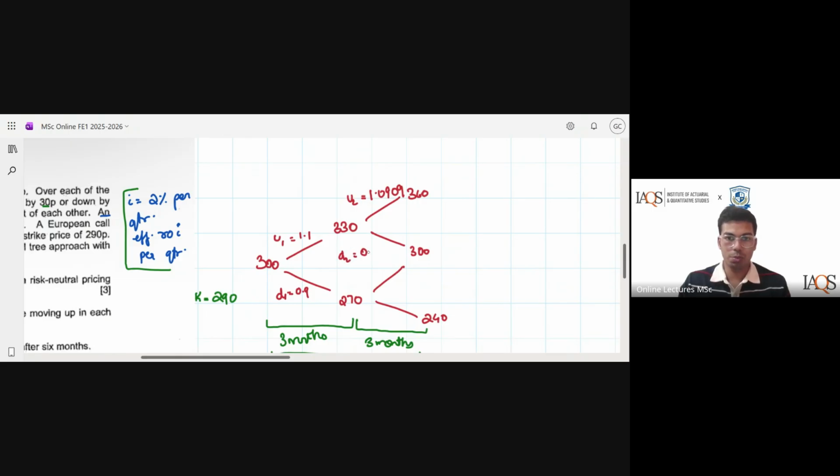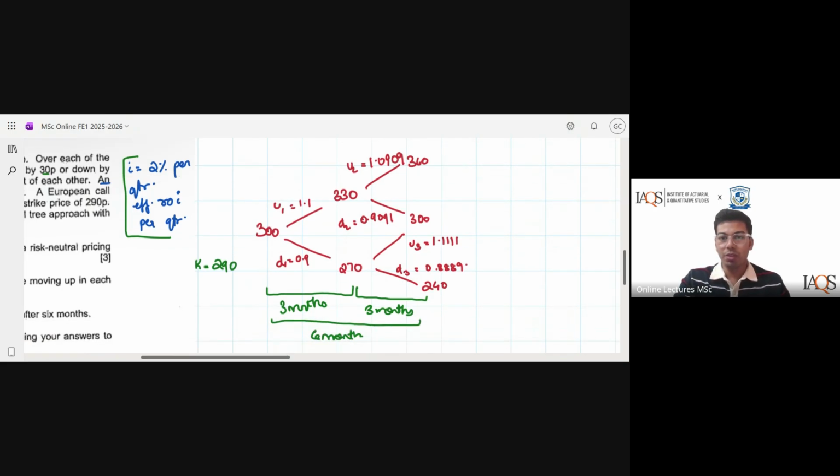That is actually 0.9091. 300 by 270 is not 1.1. It's fairly 1.1111. And 240 by 270 is the answer, not 0.9, but 0.8889.